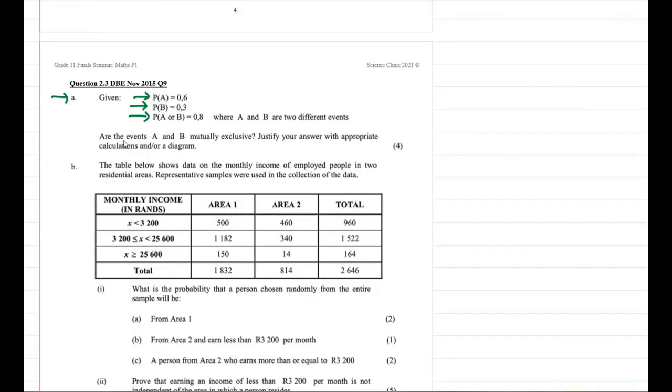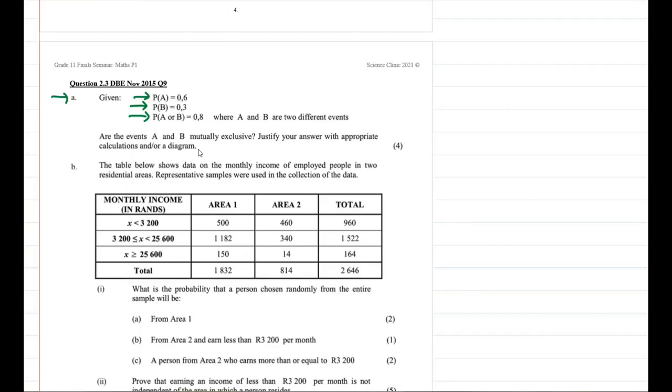Now they ask, are the events A and B mutually exclusive? Justify your answer with the appropriate calculations and or a diagram. Diagram means you can draw a Venn diagram, or with calculations, you can use one of those formulae that we spoke about earlier in the lesson.